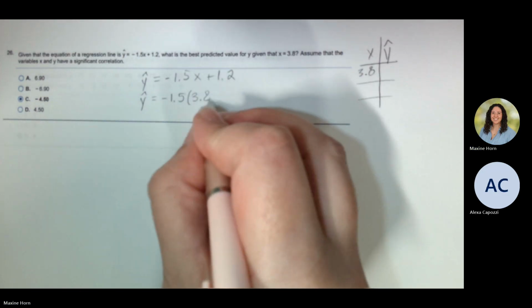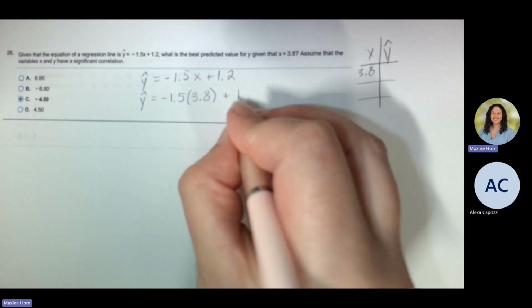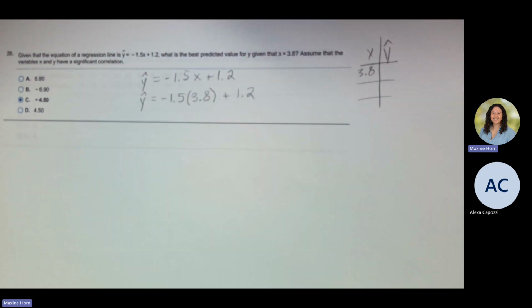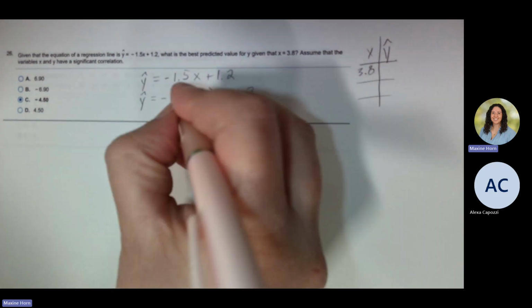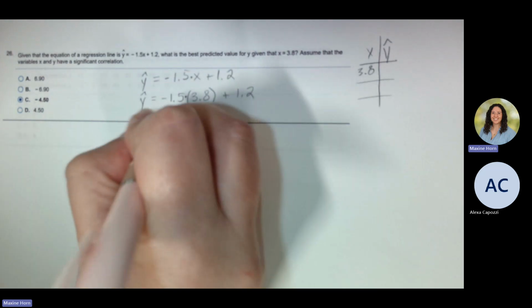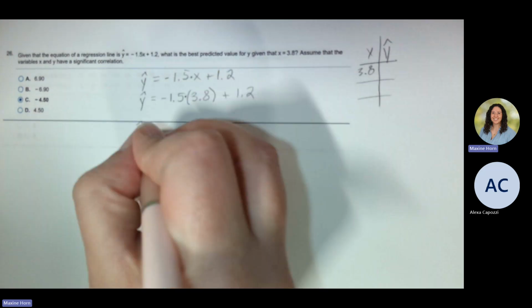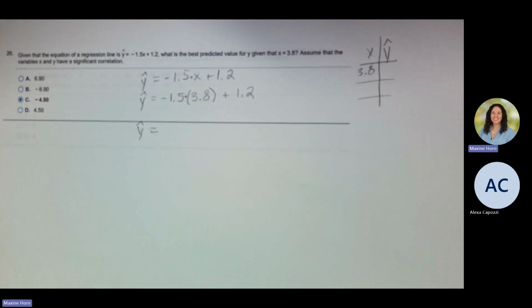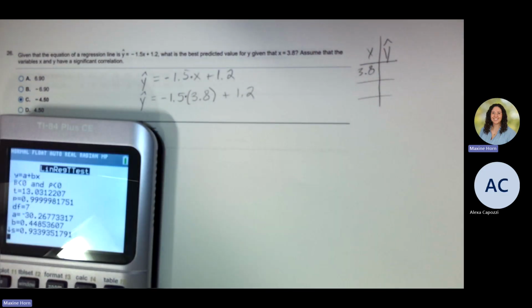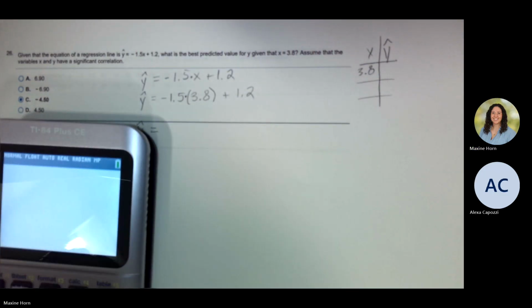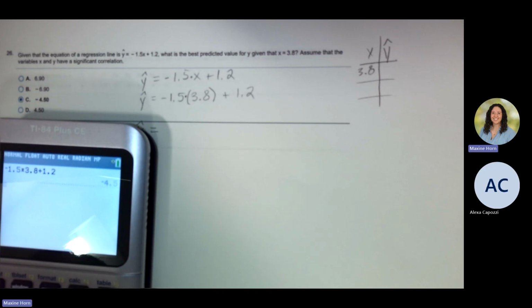Use 3.8. It's good standard practice when you're plugging a number into a variable to use parentheses. Really, this is just multiplication, so I can plug it into the calculator. I'm going to clear, and say negative 1.5 times 3.8 plus 1.2.